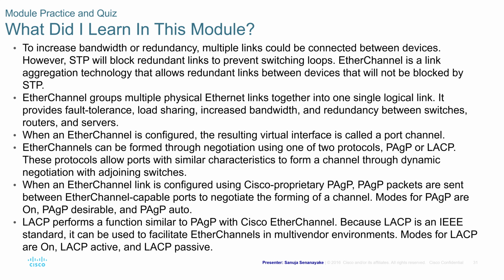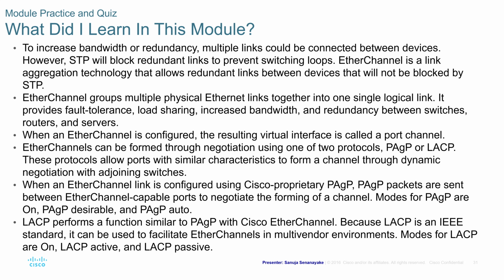But that also means that you're going to lose that redundancy. EtherChannel is a link aggregation technology that allows redundant links between devices that will not be blocked by STP. Because remember, STP is going to see the EtherChannel, all the links in a group, as one single channel, so it's not going to block the links within that EtherChannel.